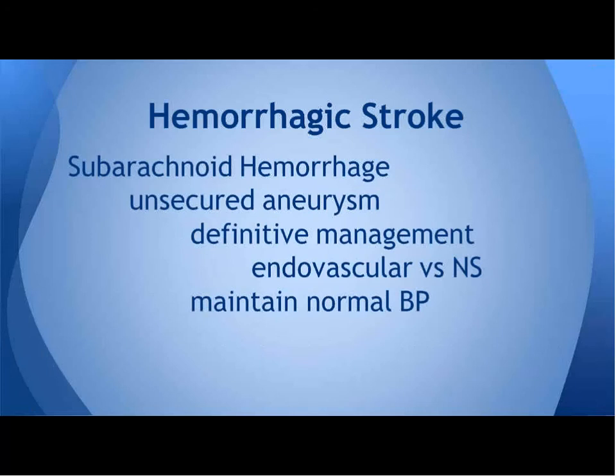So for subarachnoid hemorrhage, when it's an unsecured aneurysm, it's definitive management. This is up to the interventionalist or the neurosurgeon. Are they going to go for endovascular, neurosurgery, or just monitoring where they do nothing? For those patients, you want to generally maintain a normal blood pressure. If they come in super hypertensive, you want to progressively bring their blood pressure down.